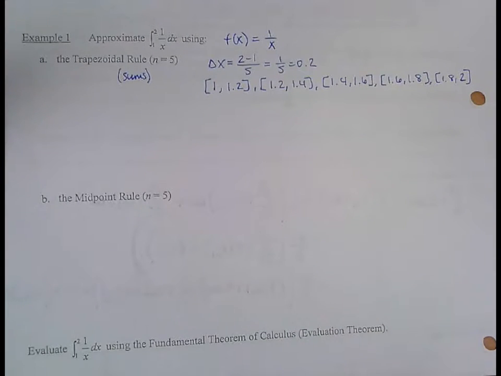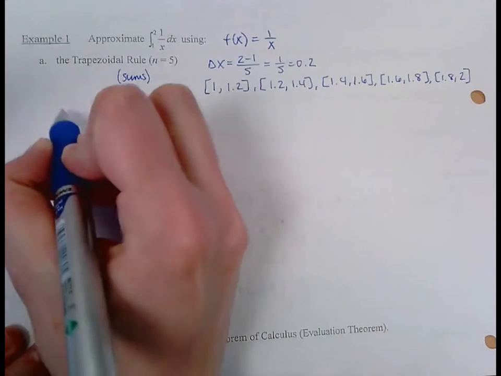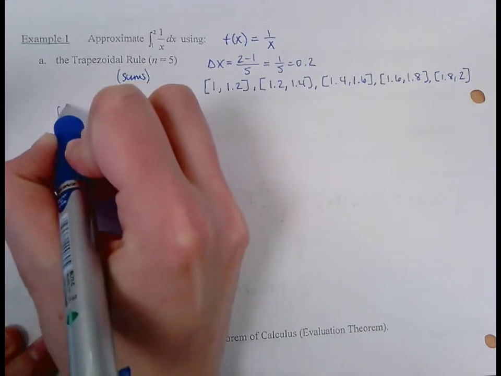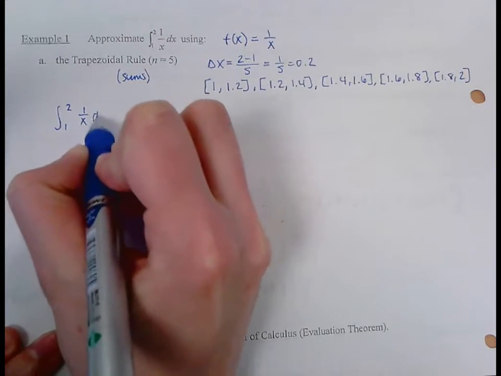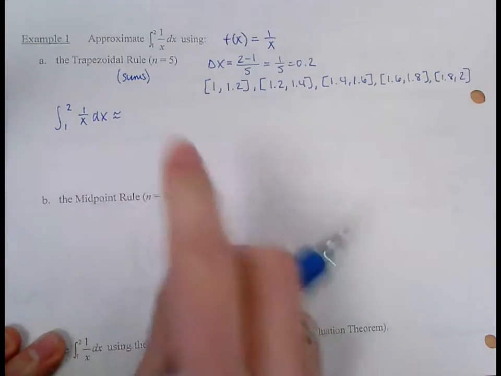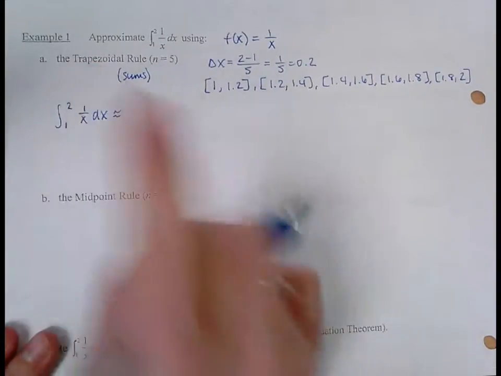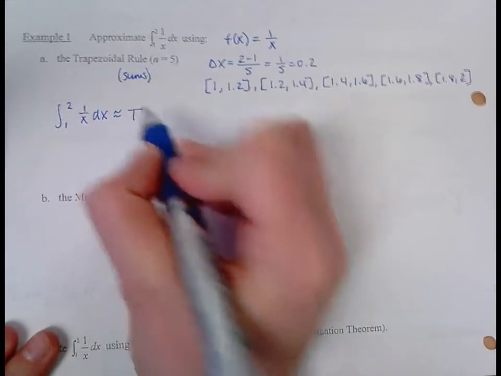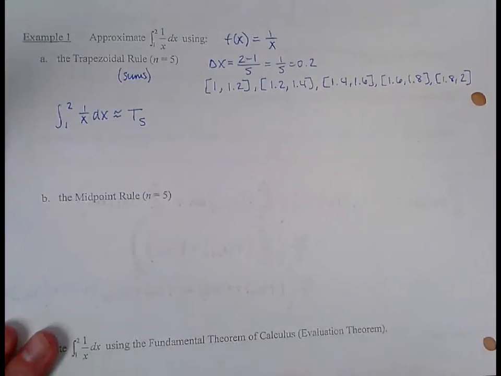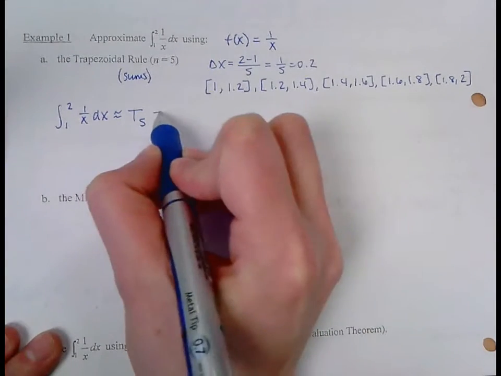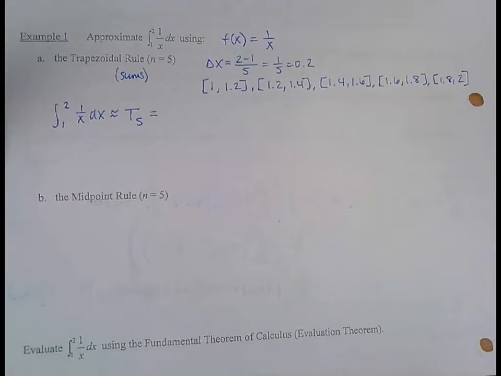Once you have the intervals, here's how to start. The integral from 1 to 2 of 1 over x dx is approximately equal to, representing trapezoidal with T, T sub 5 because our n value is 5. I'm going to write this out in a longhand way, not exactly how it's written on the front, so you understand it.